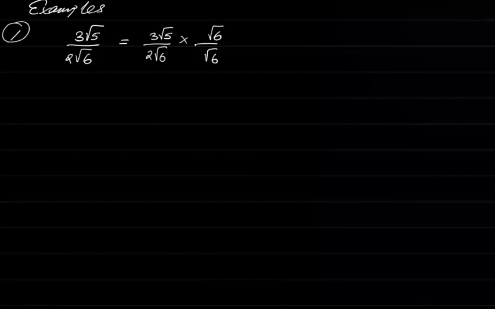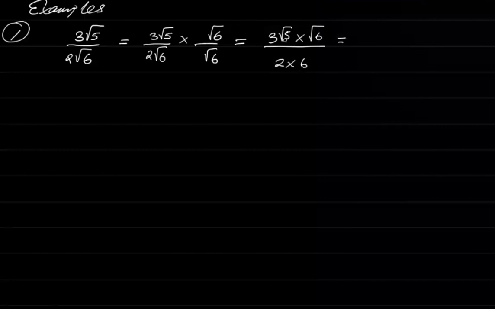Okay, so we continue. Then when we multiply, we are going to have 3 times root of 5 times root of 6 over 2 times. Now remember, root of 6 times root of 6 is just 6, so it will be 2 times 6.